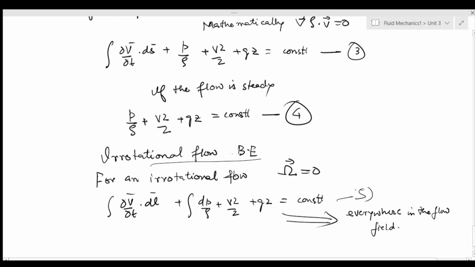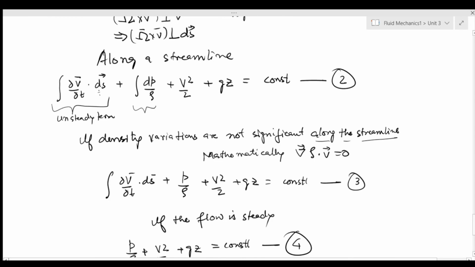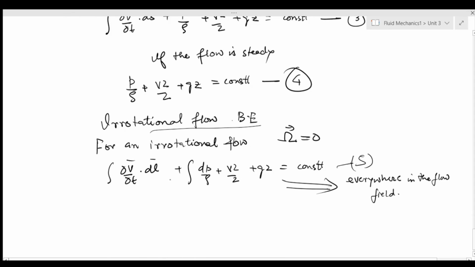Let me call it equation 5, the way I reached equation 5 and the way I reached equation 2. In equation 2, since I am moving along a streamline, I have taken my dl equals to ds. In equation 5, I am not moving along a streamline. The only thing I have taken is that it's an irrotational flow, but still the form is very much the same.